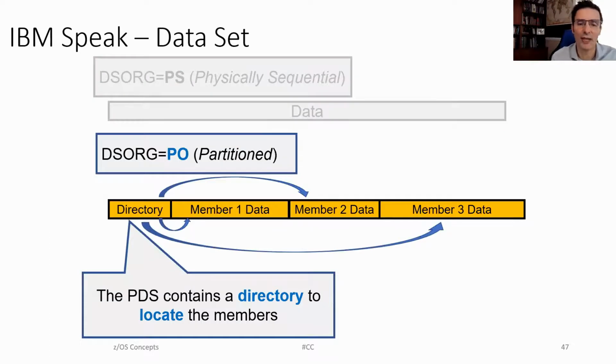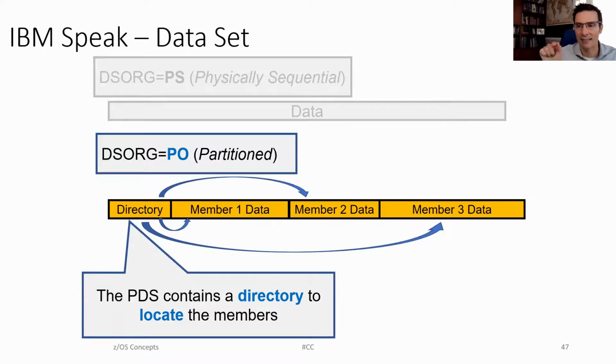There's also something called a partitioned data set. It's almost, not quite, but almost like a directory with a number of items inside it, for example in Windows or Linux. In a PDS, I create a data set with a particular name. But if I go in to edit something in that data set, it has a list of members inside.